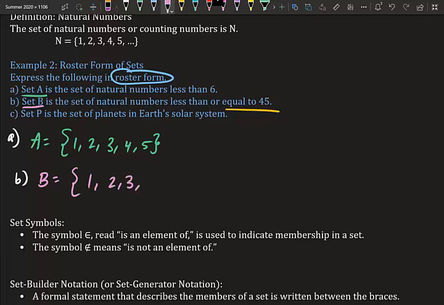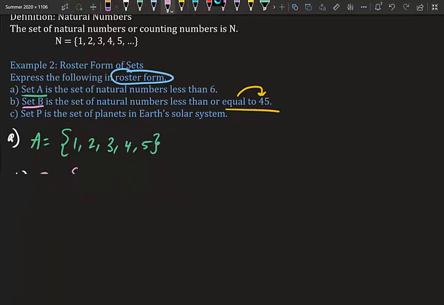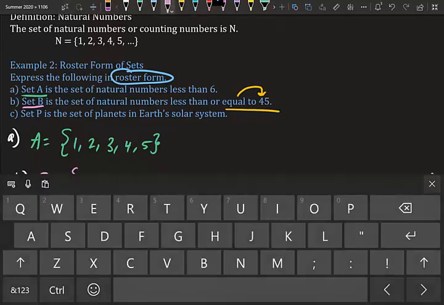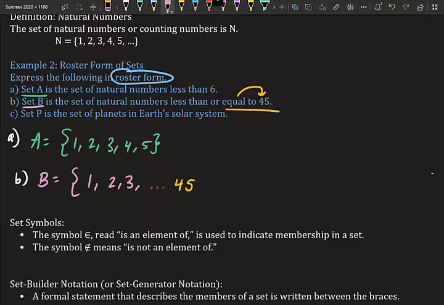Now, I'm not going to write 1, 2, 3, 4, 5, 6, 7, 8, 9, 10, all the way to 45. What we do is use that little dot, dot, dot. And then it says less than or equal to 45, so since it says equal to 45, we're actually going to use the number 45. That's going to happen. Just get used to it.